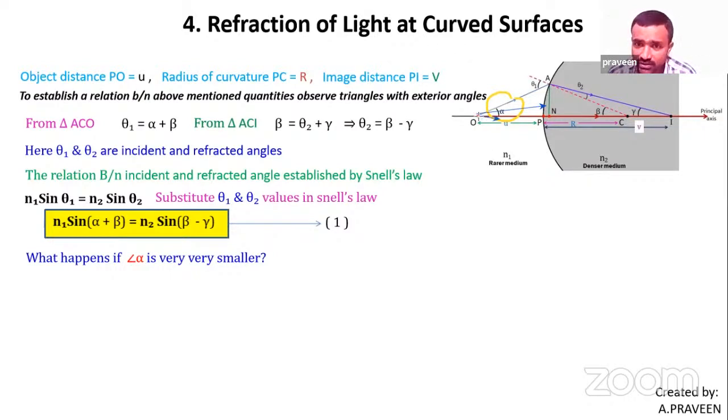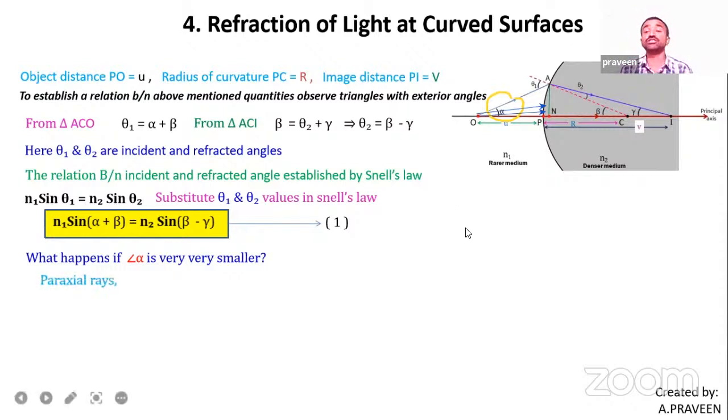Suppose the angle is somewhat decreased. Again, alpha is becoming very small. So when you take a light ray with a small angle, that light ray is called a paraxial ray.